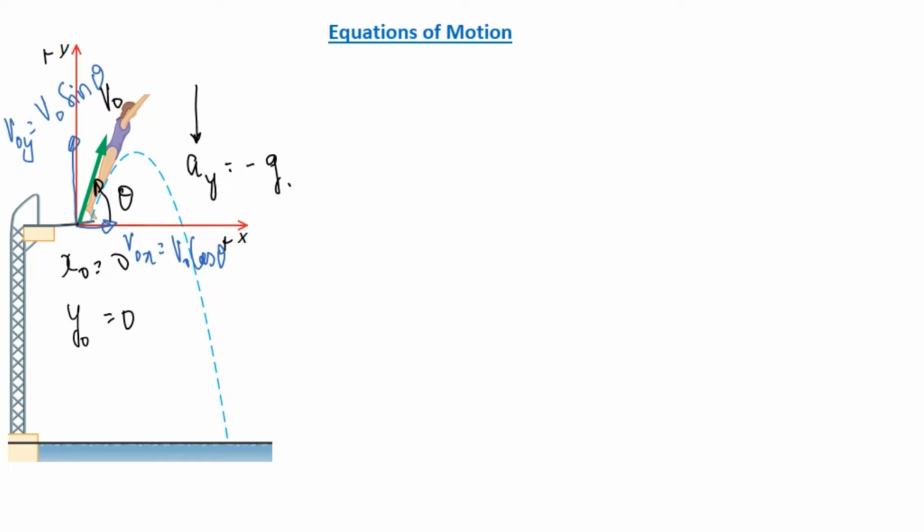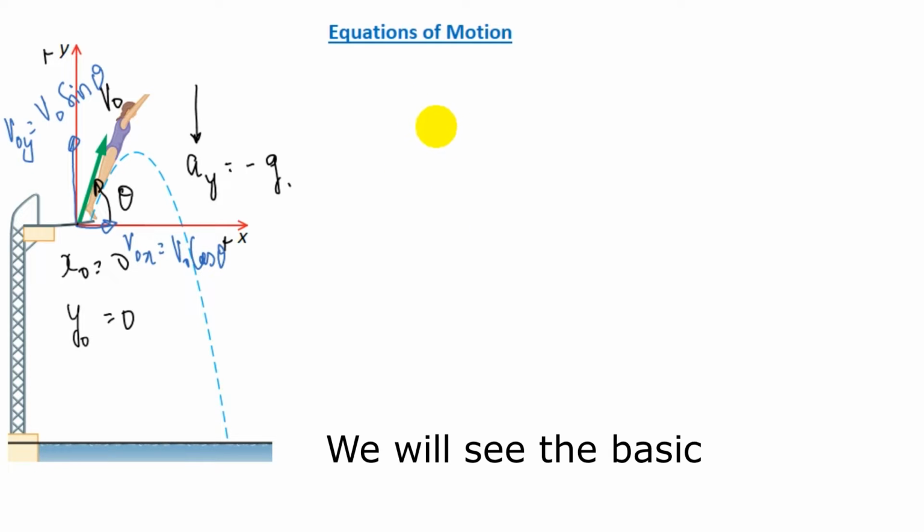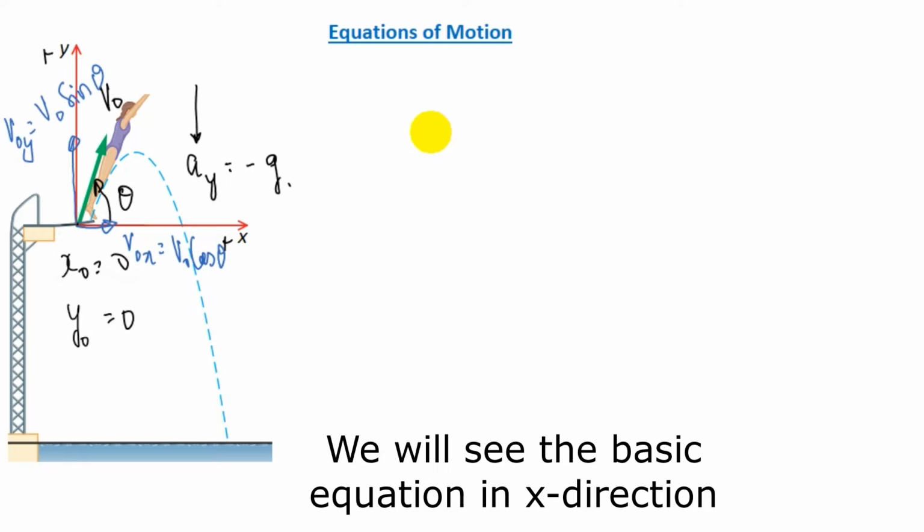Now we're going to substitute all these values in the basic equations for the projectile motion. First I'll apply these values in the horizontal direction. Since it's a projectile motion, we can study the motion separately in the x direction and in the y direction, right? So first we will see the basic equation in the x direction.